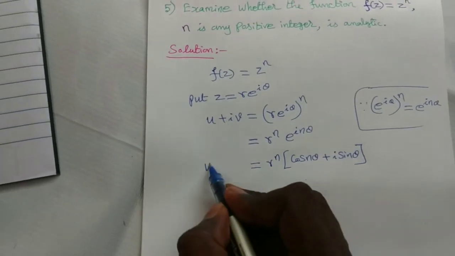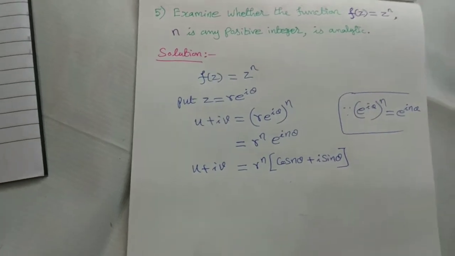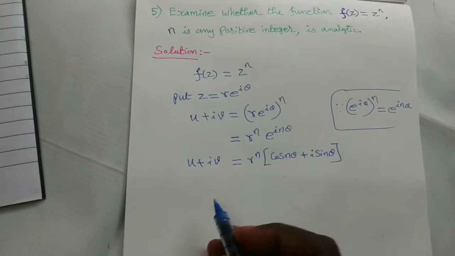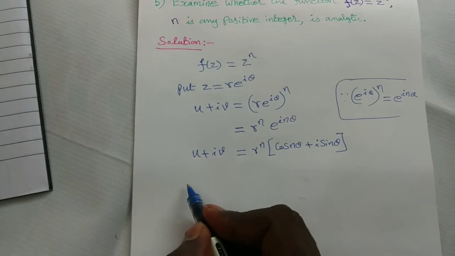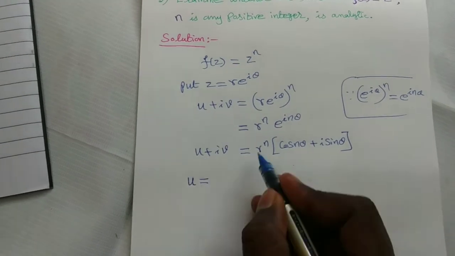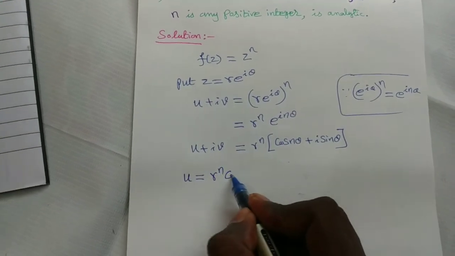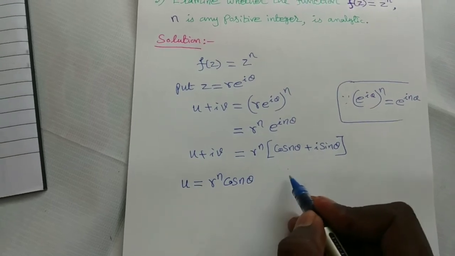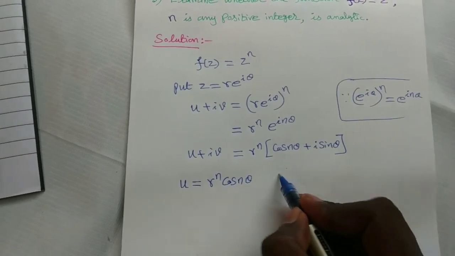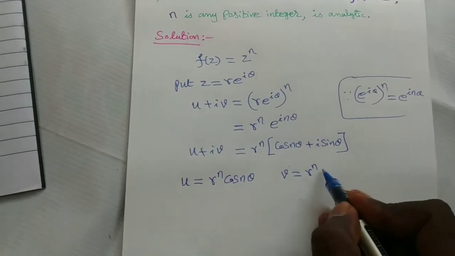But this side is u plus iv. Now I am going to equate the real and imaginary parts. By equating the real part, u is equal to r power n cos n theta, and equating the imaginary part, v is equal to r power n sin n theta.